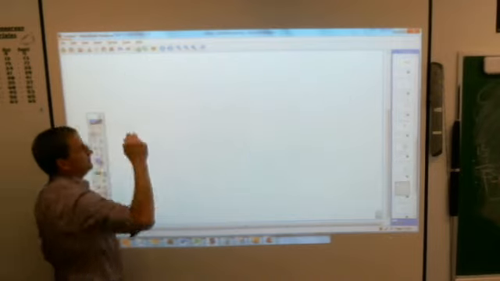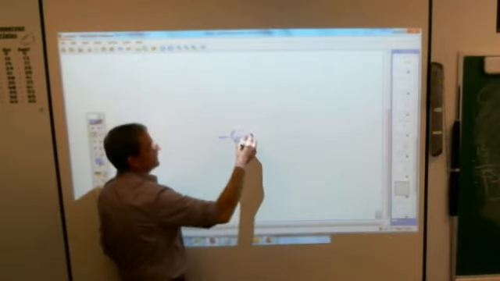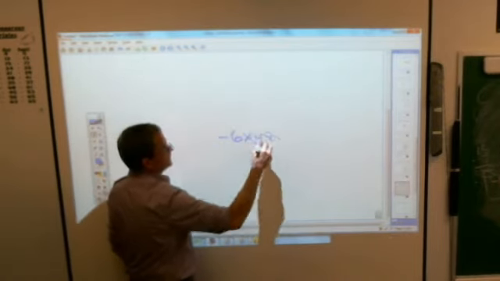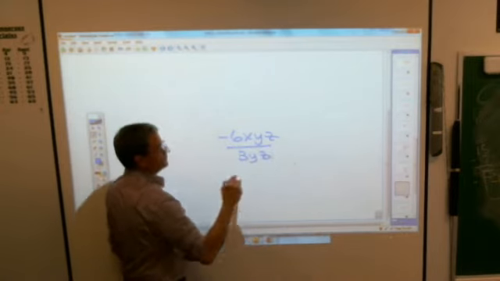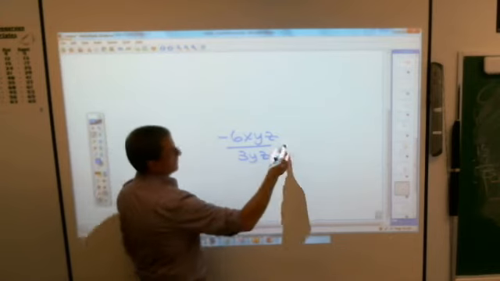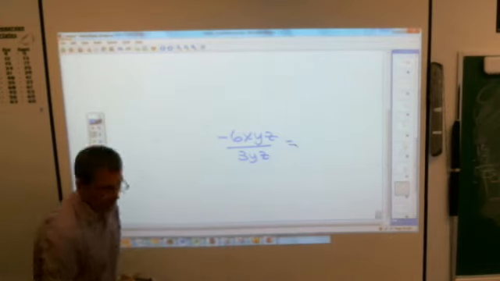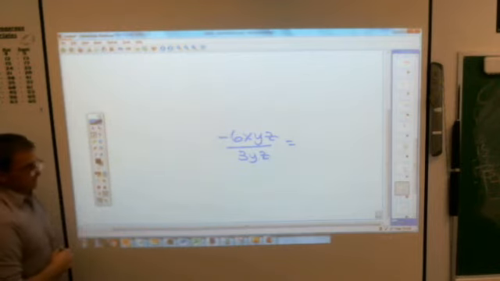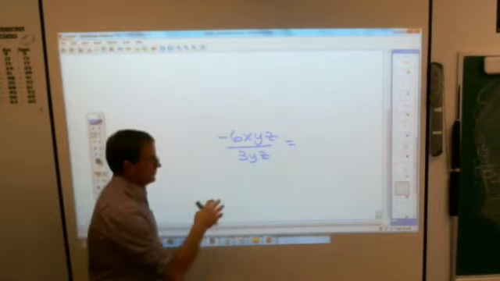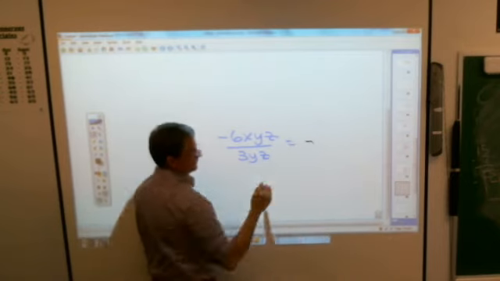Or what about this one? Negative 6xyz over 3yz. First things first, is my answer going to be negative or positive? Why is it going to be negative? Because they have opposite signs. This one's a negative, so my answer is going to be negative.